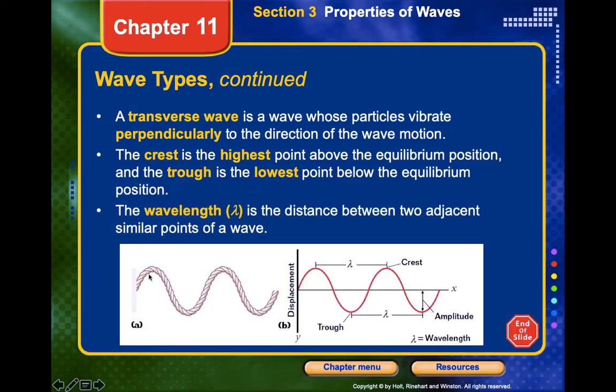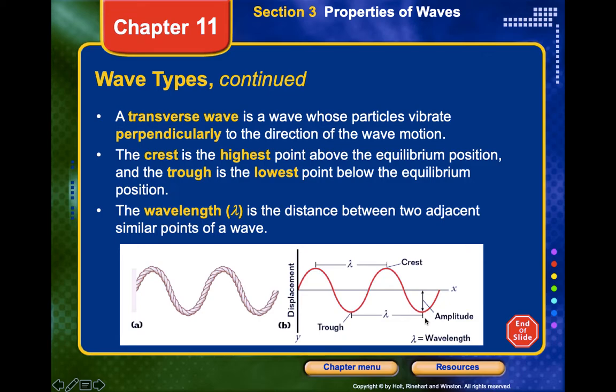The wavelength is the distance between two adjacent similar points on a wave. So we're talking about consecutive points of similarity. In the case of a wave, we can look at this drawing right here. They're depicting the wavelength in a couple different ways. If we go from crest to crest, then we see that the wavelength occurs between two crests or between two troughs.